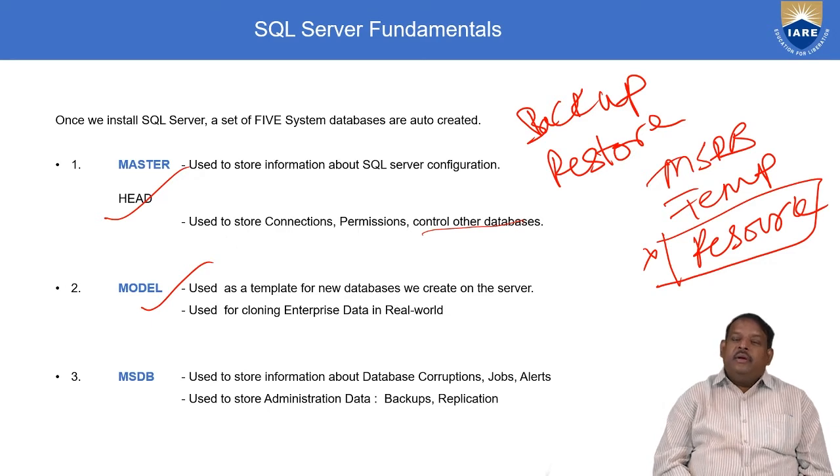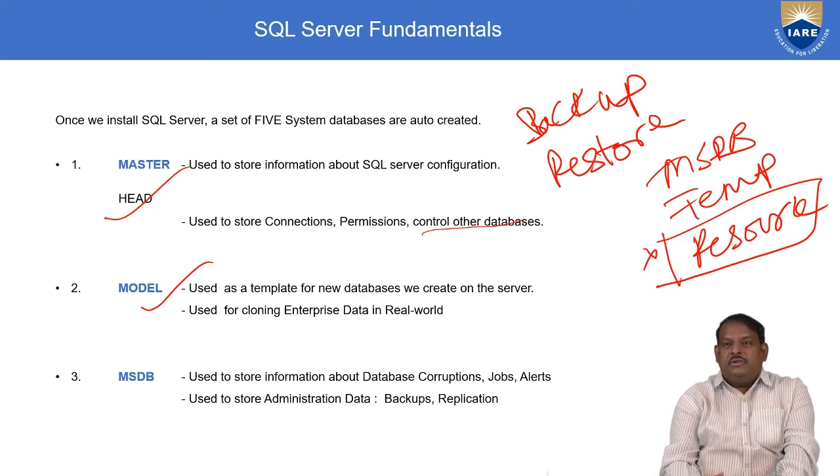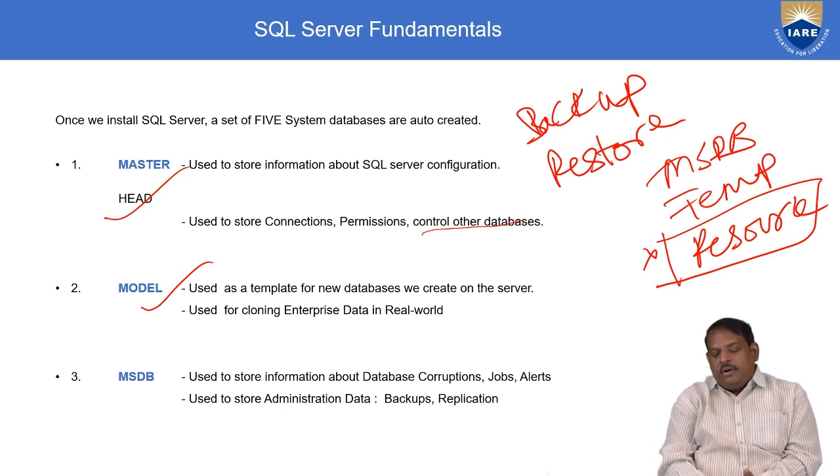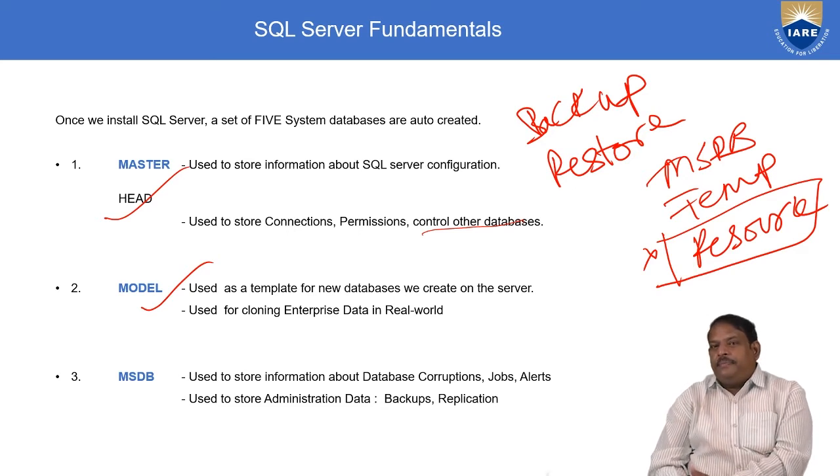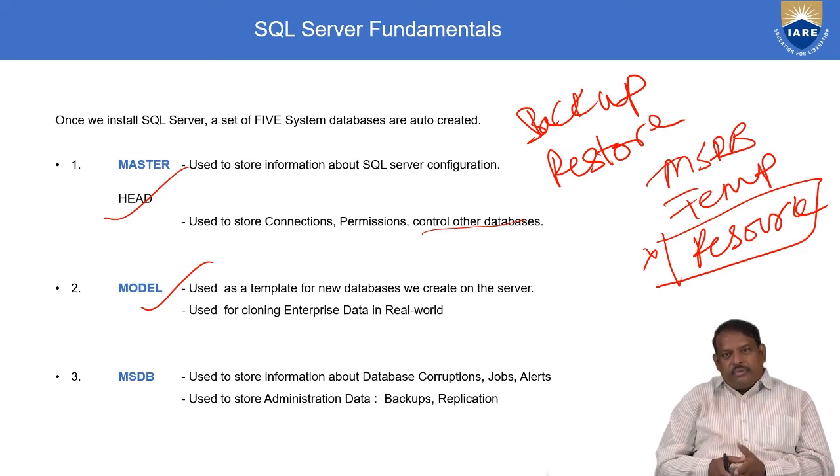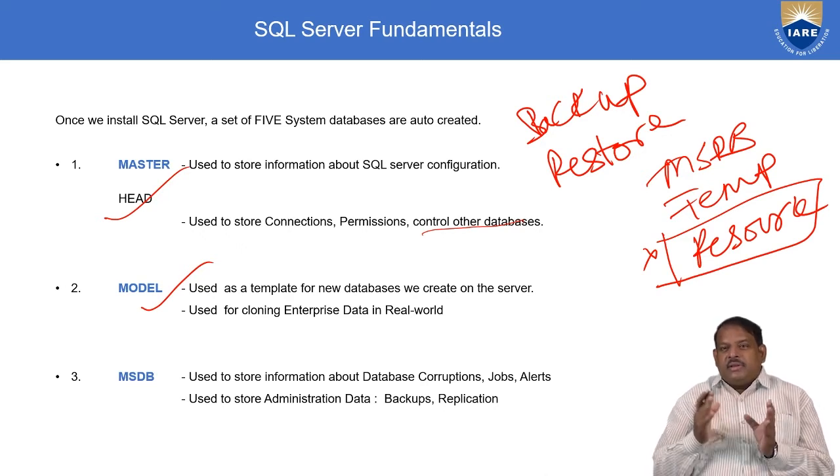And also replication. Replication is when you have data in one system and you want that to be transferred to a second machine. By using replication, you can transfer data from one server to a different server. For example, in real time, Google and Yahoo have 5 or 6 servers across various countries.